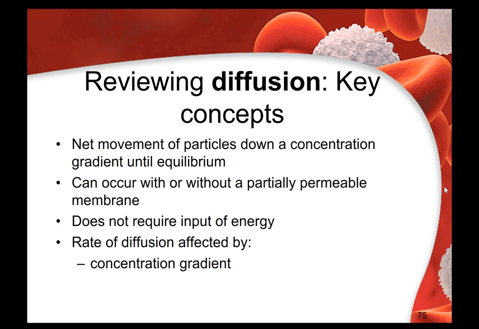And the rate of diffusion is affected by the concentration gradient, the size of the particle, and the size of the membrane pores. Obviously, the partially permeable membrane may only allow small particles to pass through. And also temperature. I'm not sure whether you all remember, diffusion is also affected by temperature.